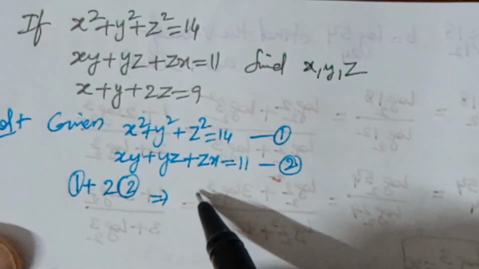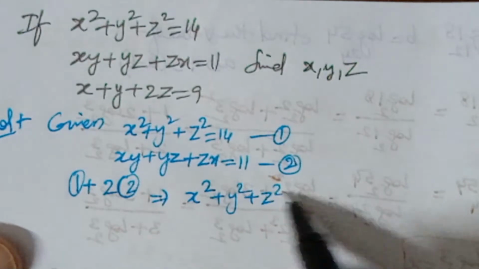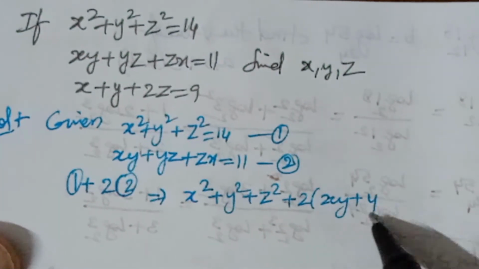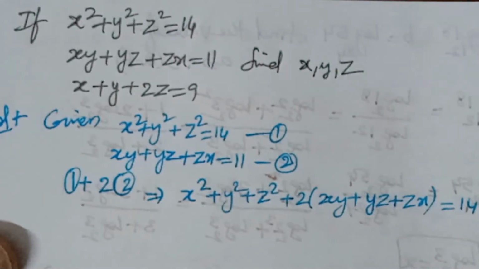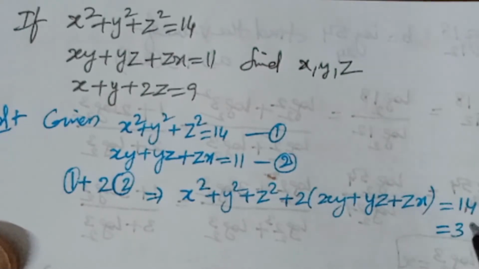This changes into the formula x² + y² + z² + 2(xy + yz + zx) = 14 + 22, so you get 36.